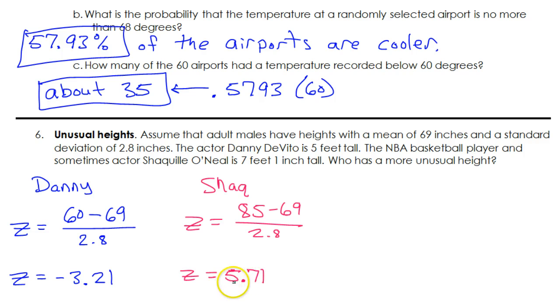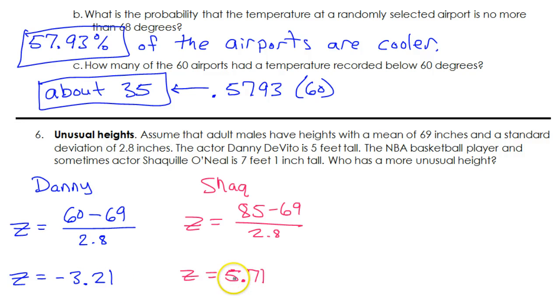So Shaq is much further above the mean than Danny is below the mean. So Shaq has a much more unusual height. He's much more unusually tall than Danny is unusually short. They'd be the same amount of unusual if, let's say, one of them was -3 and one of them was +3.